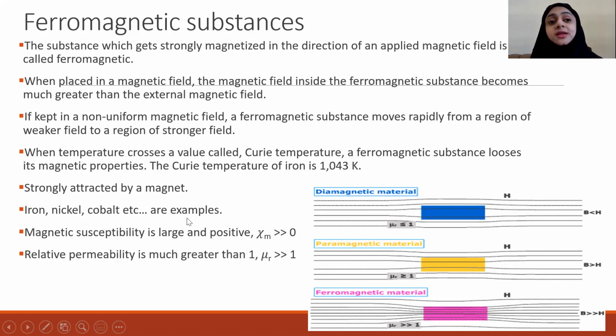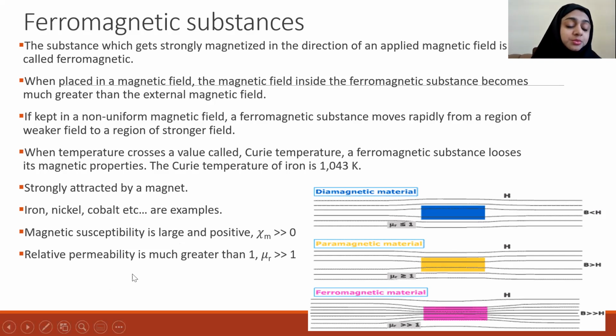Usually what we call ferromagnetic substances are ferromagnetic in nature because they are strongly magnetic. Their magnetic property is evident even if the applied magnetic field is weak. Now, the magnetic susceptibility is large and positive as expected because the magnetization produced inside the material is much greater compared to the applied magnetic field.